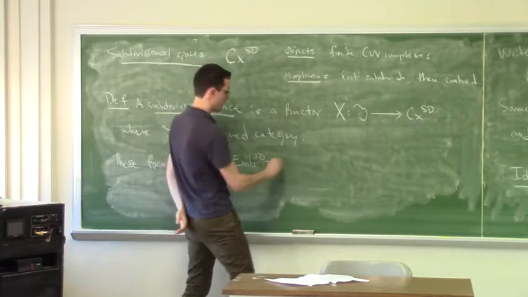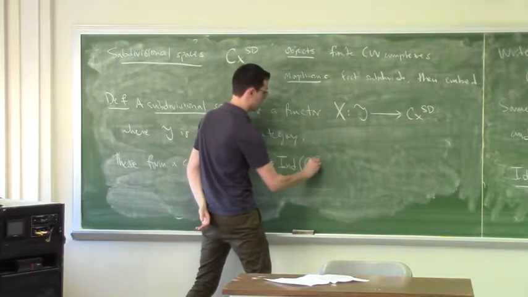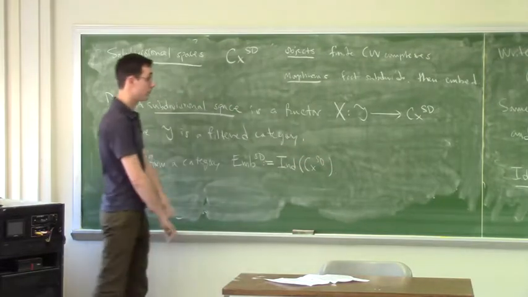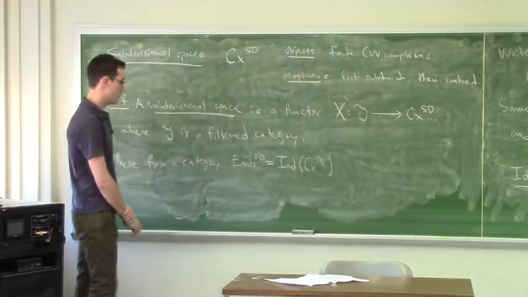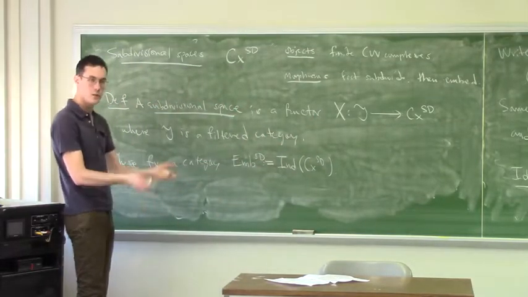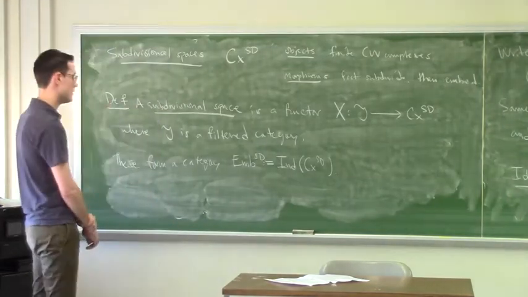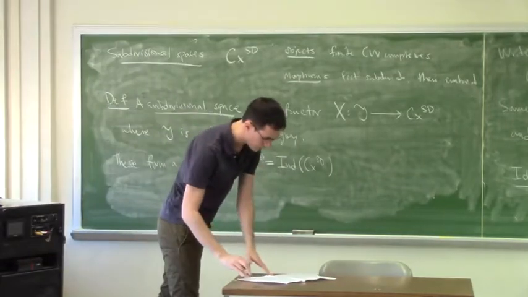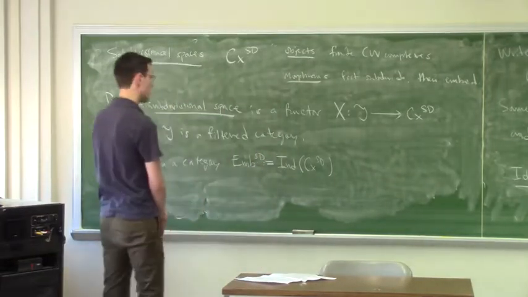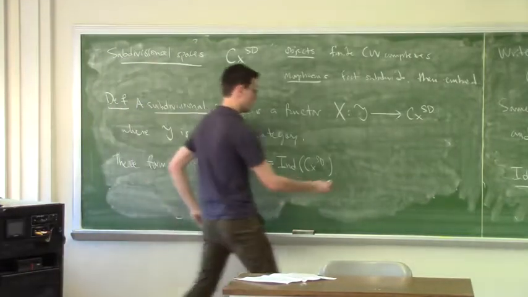What is this category? It's just the category of end objects in CXST. Which is to say, the objects are this, and the morphisms are something that aren't going to be particularly important. If you already know what end objects are, that's great, and if not, it's not so important for the rest of the talk. Okay. Subdivisional spaces give you ordinary spaces.